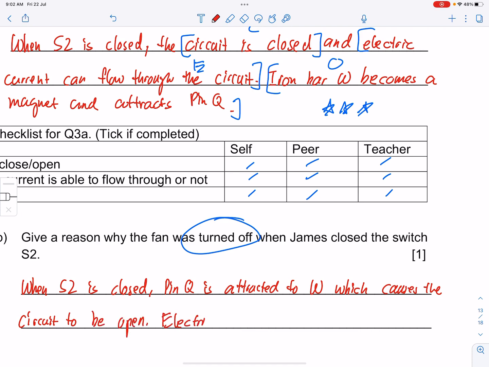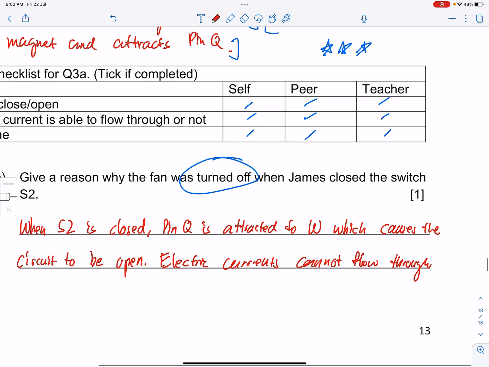Electric current cannot flow through the circuit and the fan is turned off.